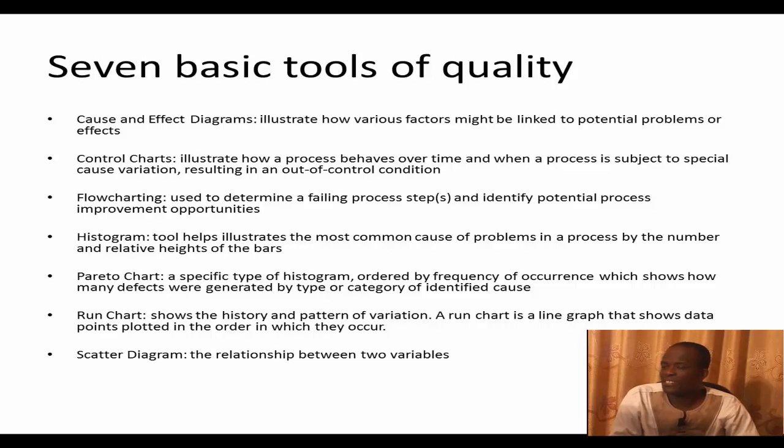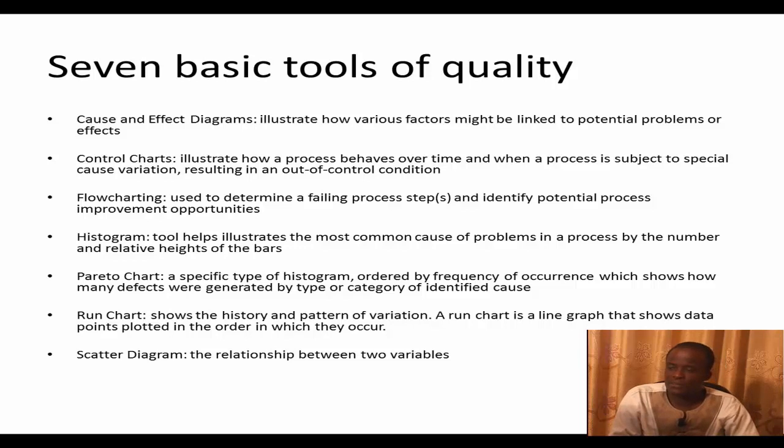Then you have the control charts. These illustrate how a process behaves over time, and when the process is subject to a special cause variation resulting in an out of control condition. Then we have flow charting. These are used to determine the failing process steps and identify potential process improvement opportunities.